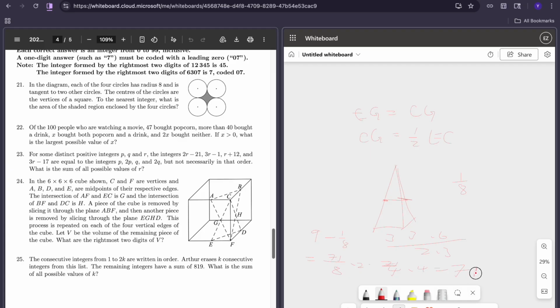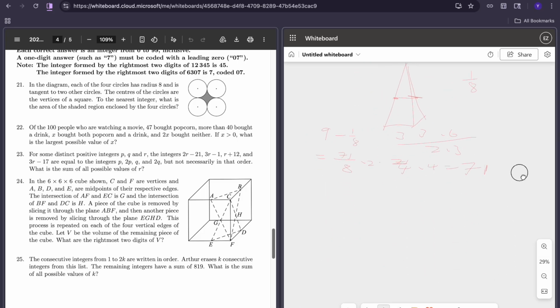And then we use the entire volume of the square cube minus 71, we'll receive our final answer, which is 256 minus 71, which is equal to 185.